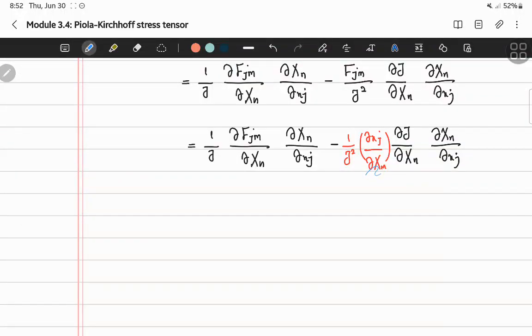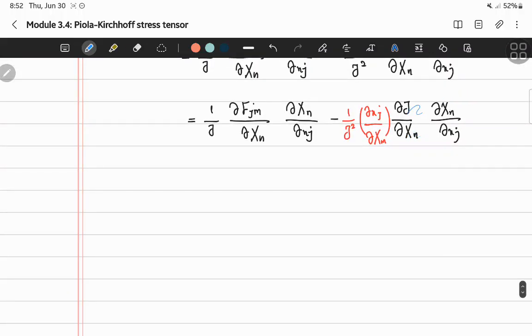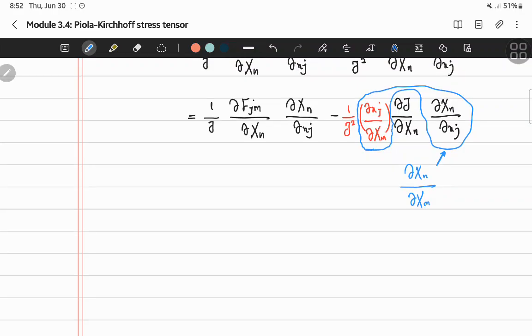Now if you look at this in here, we have partial derivative of xj and partial derivative of xj in here. So we can rewrite this term in here as partial derivative of xn with respect to capital Xn.